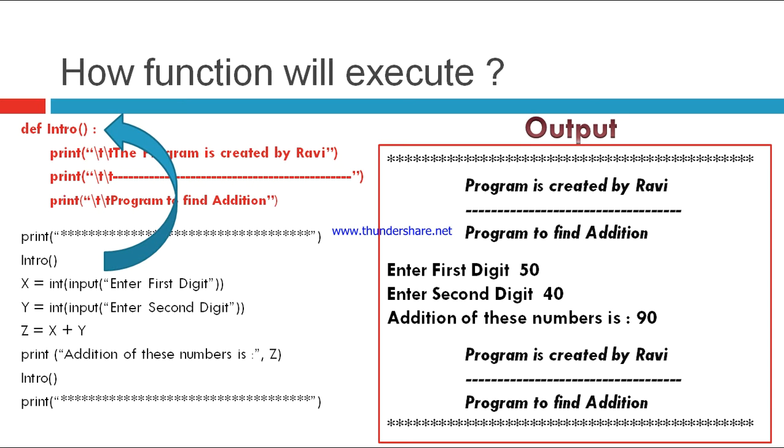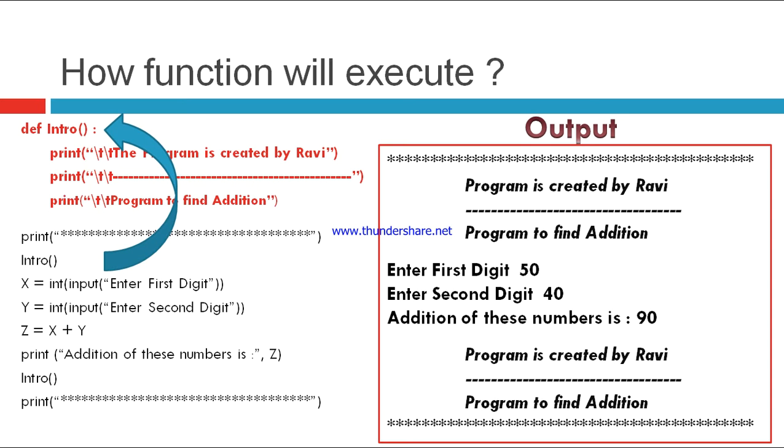Once you call the function, then and only then will the computer execute the statements that are inside the function. So here, at the very first calling of the function intro, computer jumps to the header of this function and then executes all the statements one by one in a sequence order that are there in the intro function.